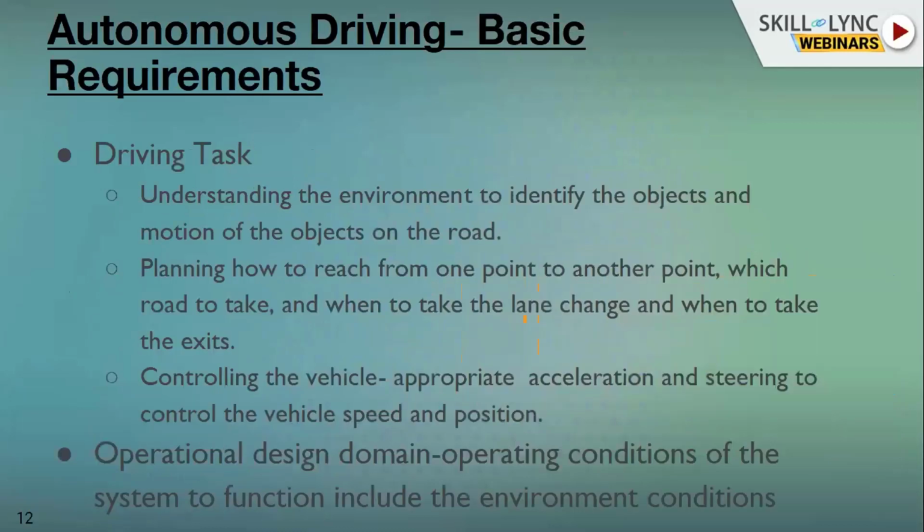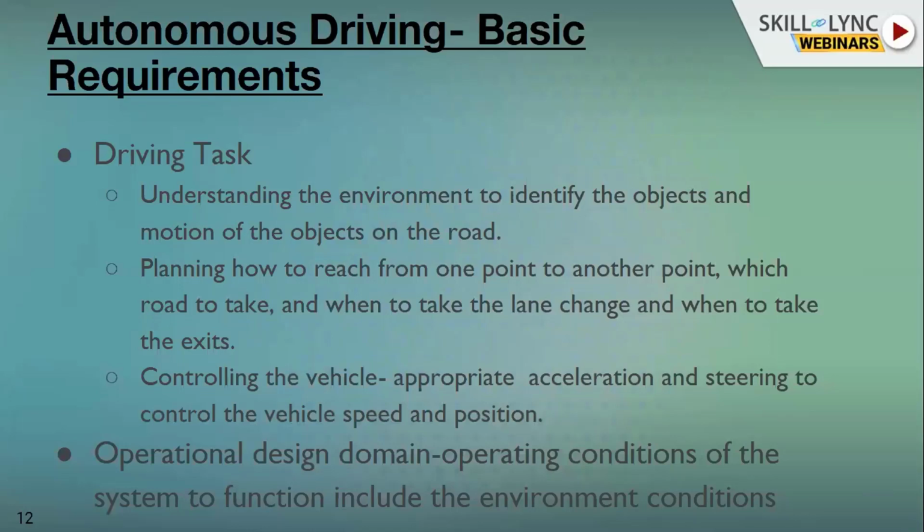And then coming to the actual autonomous driving requirements. To achieve them, first we need to check the driving task. Driving task means first we need to understand the environment to identify the objects and the motion of objects on the road. And then planning is to go from one point to another point. How do we plan to follow that particular trajectory, and when to take lane changes in order to achieve the target?